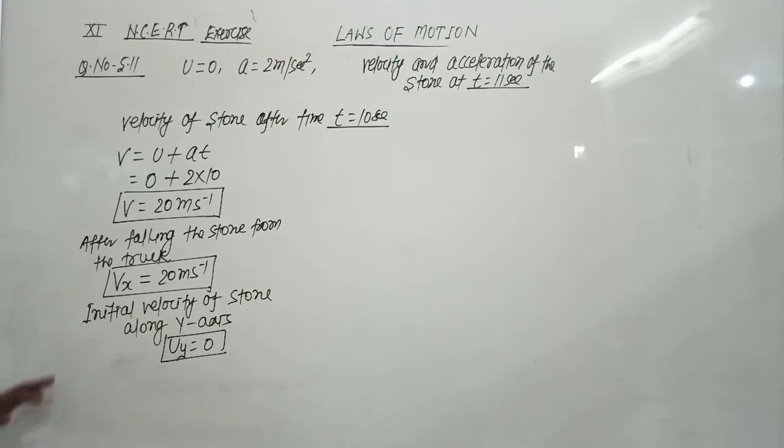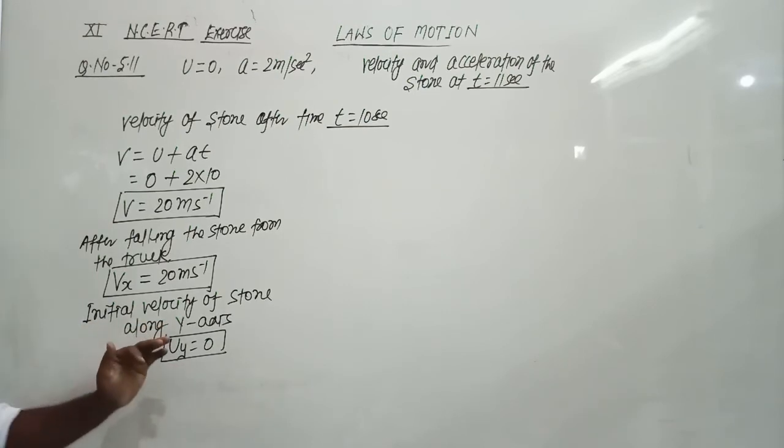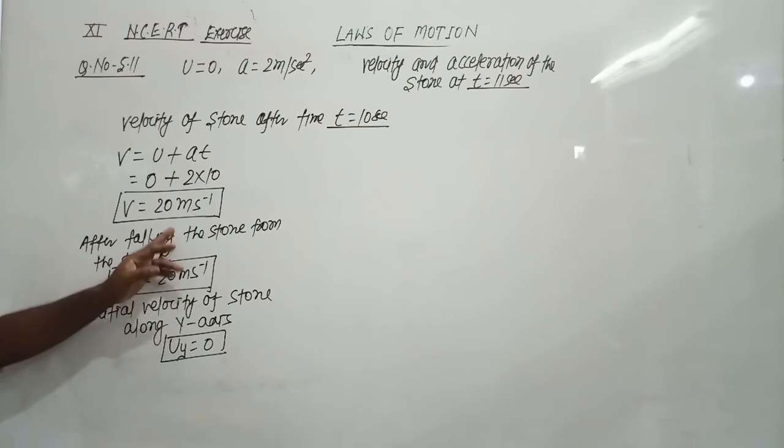Now we calculate the final velocity of the stone along the y-axis. This was the velocity along the x-axis.